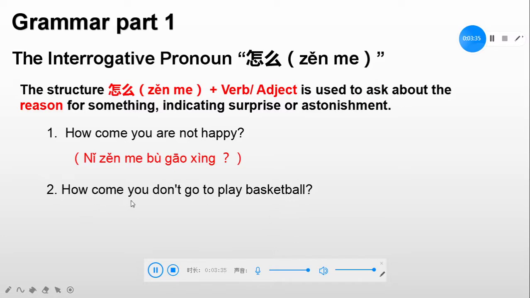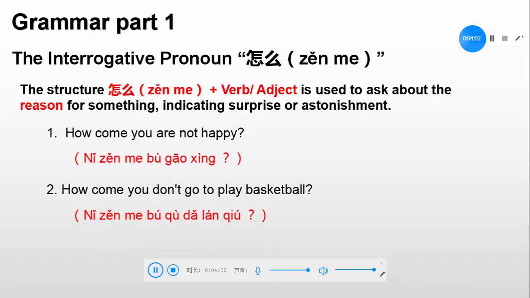So 怎么你不去打篮球, and in Chinese we say you come first. Okay, so you comes first. We have the sentence 你怎么不去打篮球. Play basketball, 不去 not go, 怎么 how come, you 你, okay.